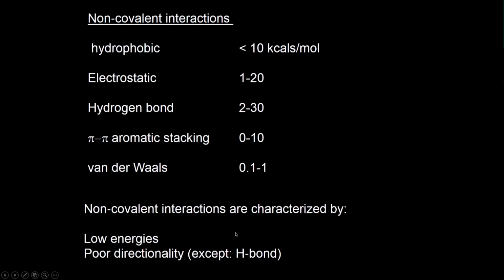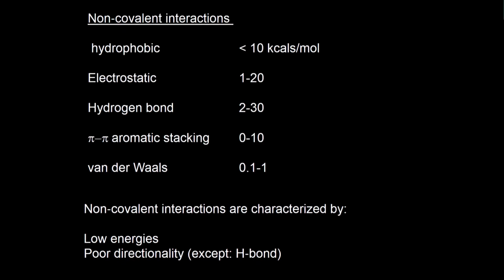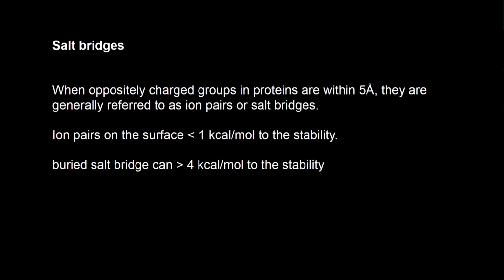Of course, the hydrogen bond has some directionality because you generally need an O or an N forming a bond with the H of OH or the H of NH. So it has a directionality attached to it, whereas other bonds like electrostatic or aromatic stacking do not have much directionality.